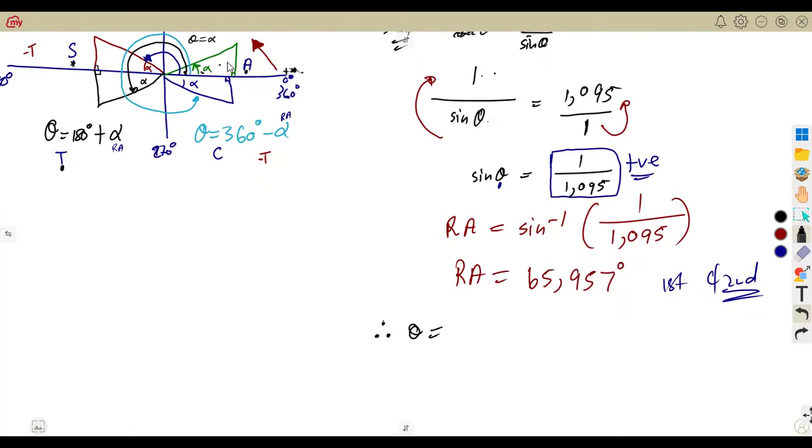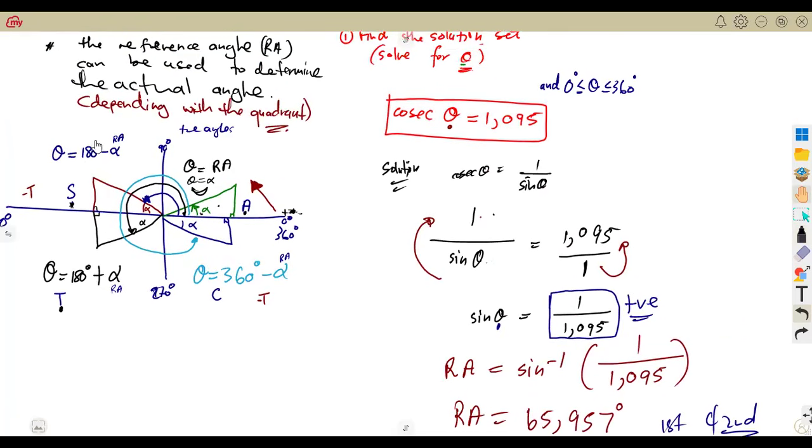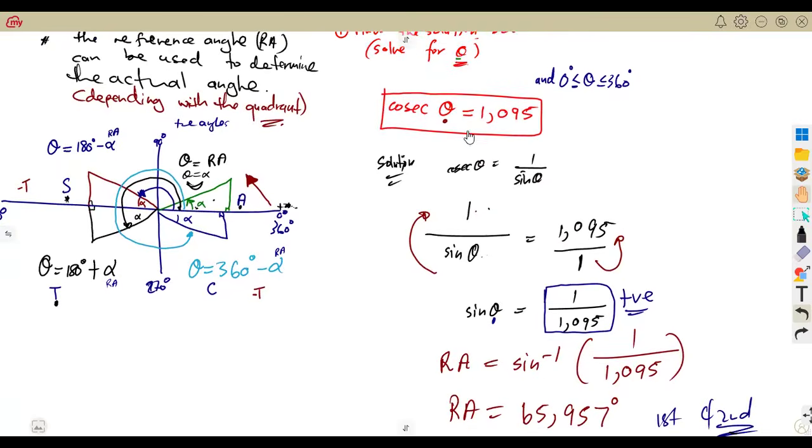Okay, let's start with the first quadrant. Theta is equal to the reference angle, so theta is simply 65.957 degrees. Talking of the same theta, but in the second quadrant now: in the second quadrant, it is 180 minus the reference angle.